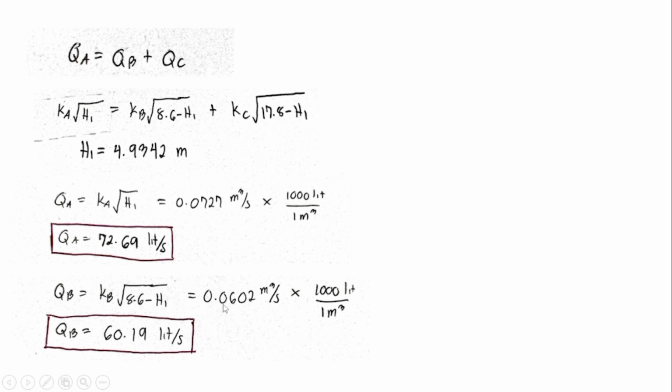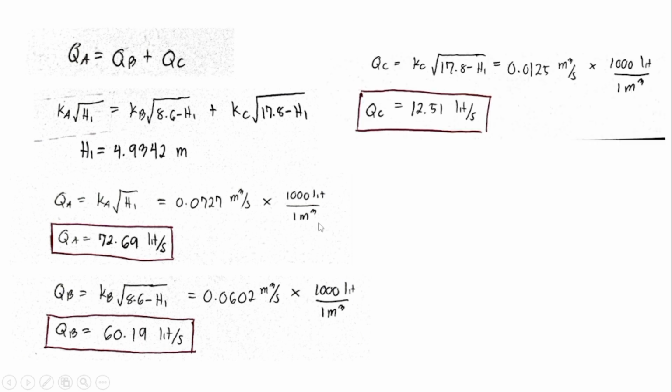So QB is equal to 0.0602 cubic meter per second, and converting this into liters per second, QB is equal to 60.19 liters per second. Same here for the discharge in reservoir C, or QC. The discharge QC is equal to 12.51 liters per second.